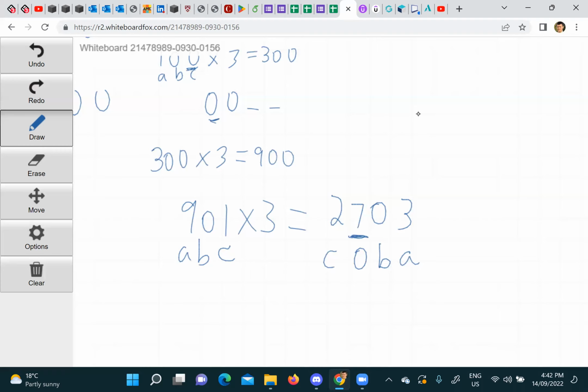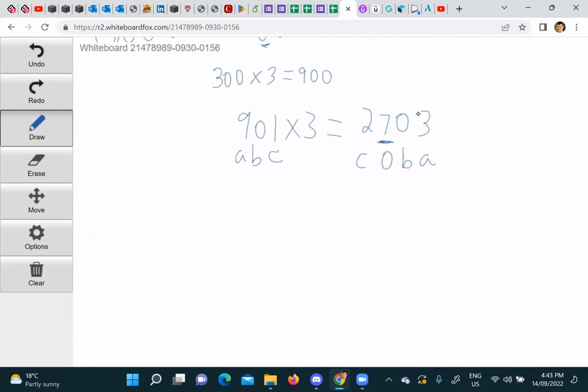Okay, so I like this line of reasoning. Because C is the first number, and C is on the 1,000 column. And 1,000 is the biggest one. Okay, so let's try to investigate what Michael's trying to say, okay? So he's saying the number could end in a 1, okay?